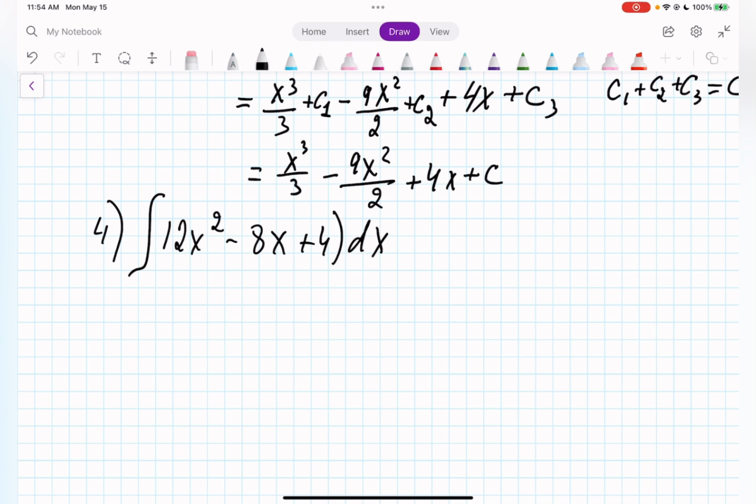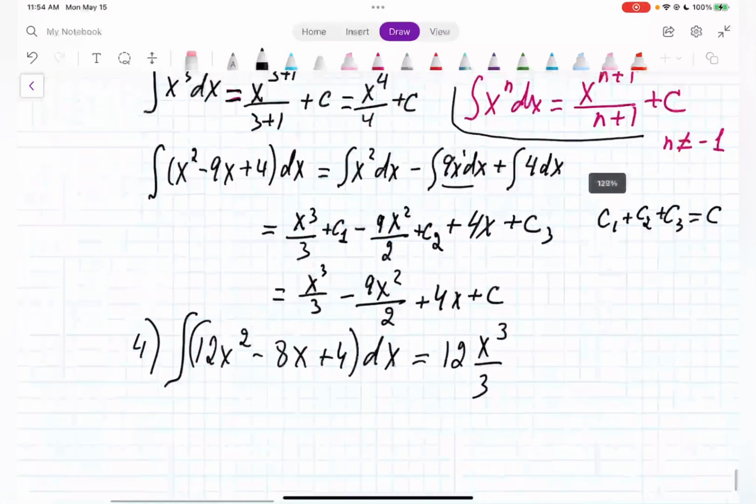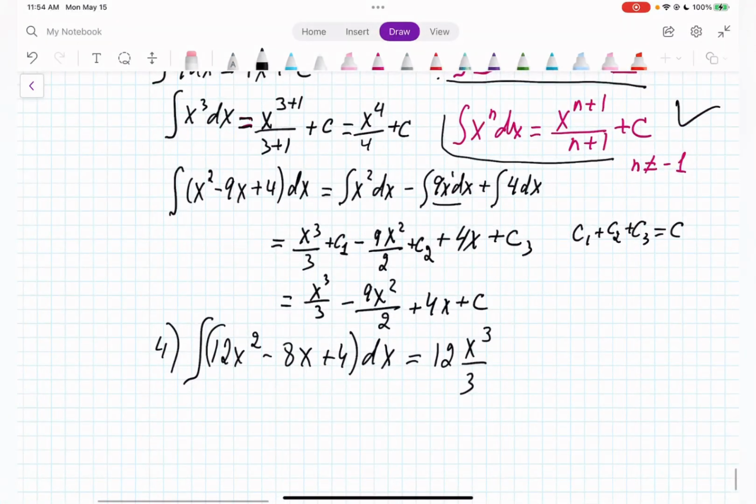So 12x squared is going to be 12x cubed over 3, right? 2 plus 1. Here is our formula. And plus 1. N is 2, we put plus 1. We'll get 3. Now 12 and 3 I can cancel. This is 1, this is 4. So we got 4x cubed.